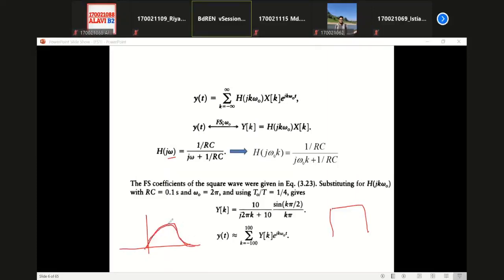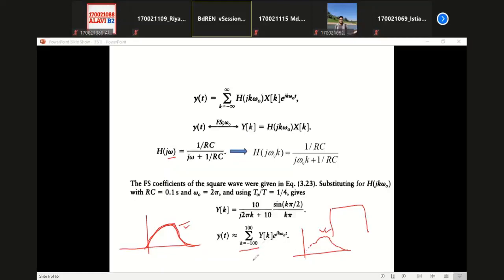Now this will happen theoretically if we add an infinite number of harmonics. But you will see that if we truncate to a finite number of terms, although it will not look exactly like this, it will be something like this, an approximate function, and it is fairly accurate to proceed with our further calculation.